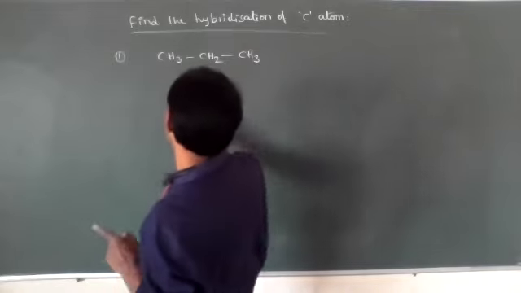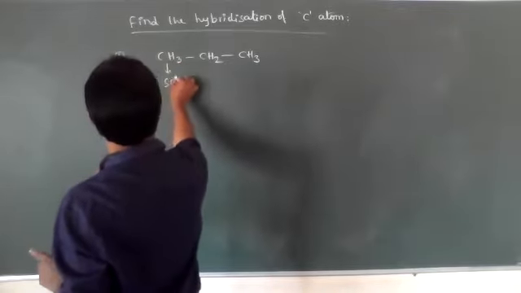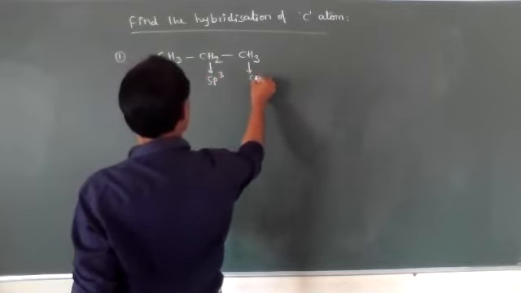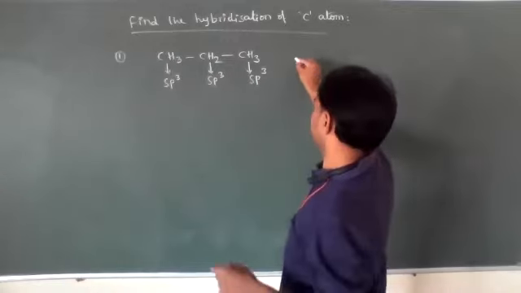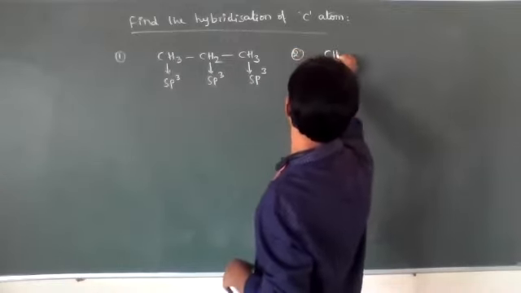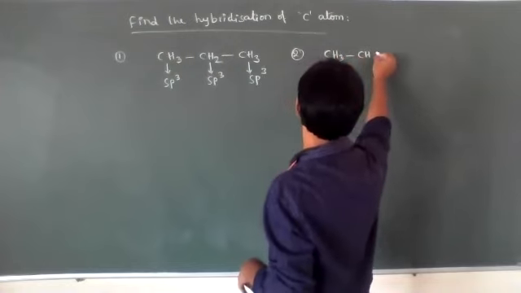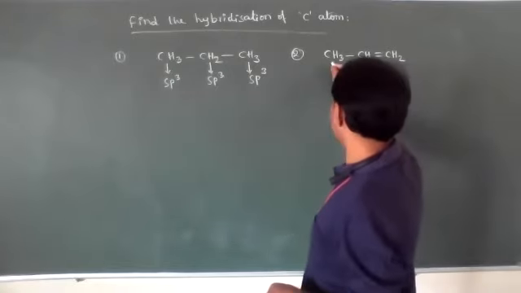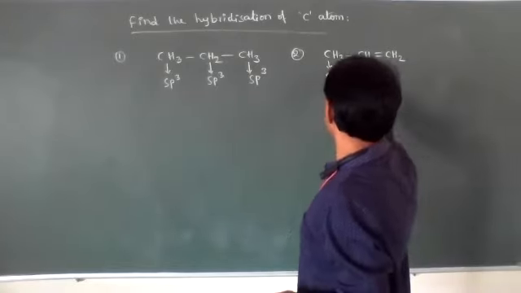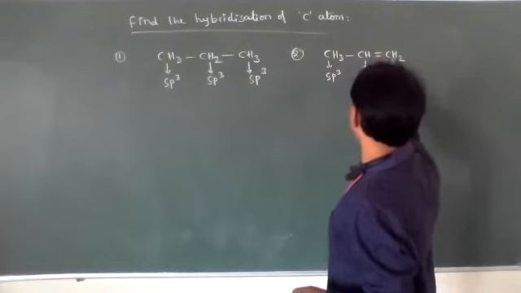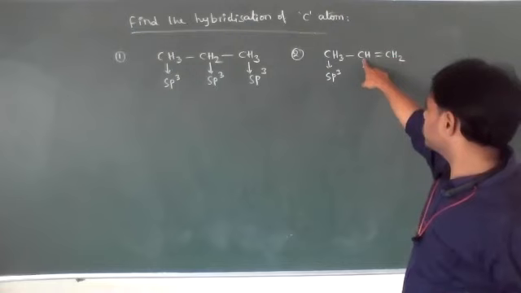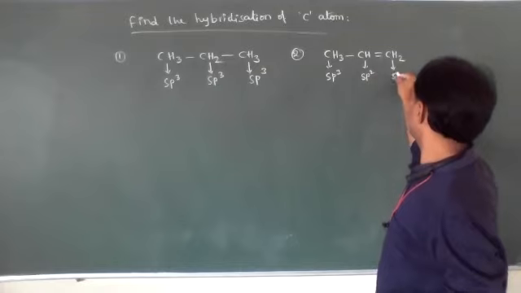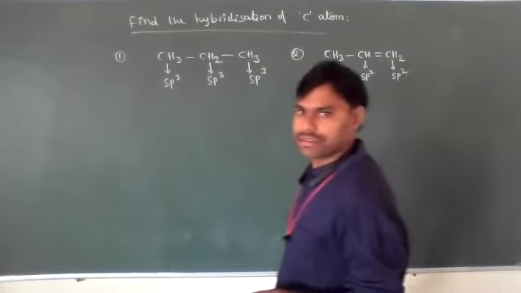Single bonds means hybridization is sp3. Carbon atom having a double bond: these are all single bonds, sp3. This is a double bond, and this is also having a double bond. This double bond belongs to this carbon as well as this carbon. That's why the middle one is also sp2. This is also sp2 hybridization.